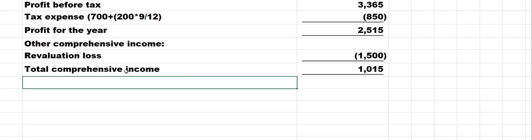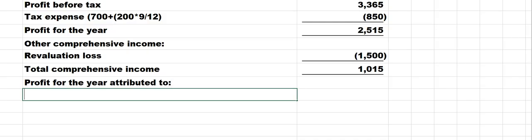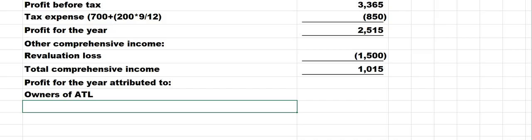The profit for the year has to be attributed, so let us attribute profit for the year attributed to the owners of ATL, that's our parent, and then to the non-controlling interest.